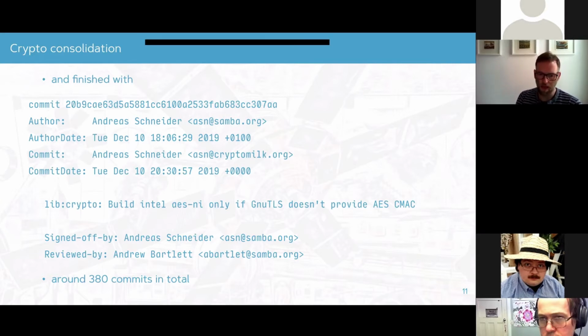In total, we had around 380 commits till we were able to fully use the GnuTLS library for encryption.